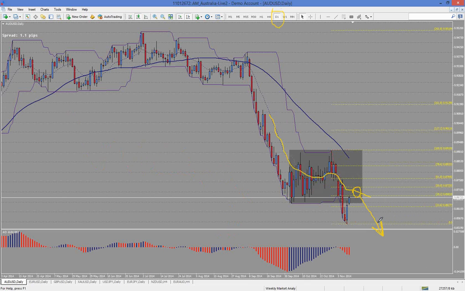Hopefully we break through 85, which really opens up the door, and this could be a trade that takes us all the way down to about 83. So it is a very large trade. Now, I'm not going to place this trade right now, but I'm just trying to explain the principles of it for those of you who are interested. Size yourself accordingly, because you are going to have to place a stop at around the 89 level. So we're talking about a 200-point stop.